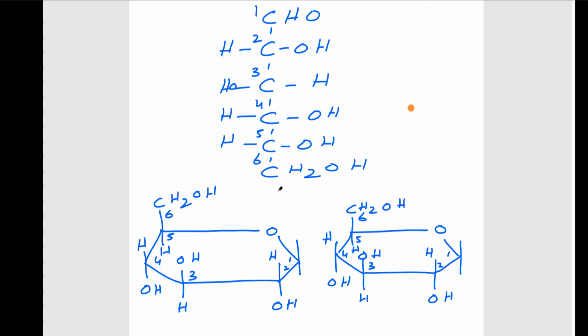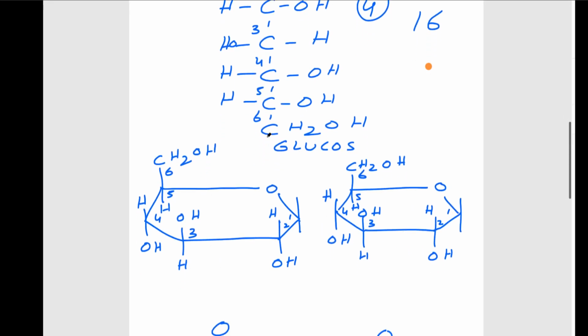This is the straight chain structure of glucose. There are 6 carbons. Out of these 6 carbons, 4 carbons are asymmetric carbons. There are 16 possible isomers. The linkage takes place intramolecularly, between carbon 1 and carbon 5.